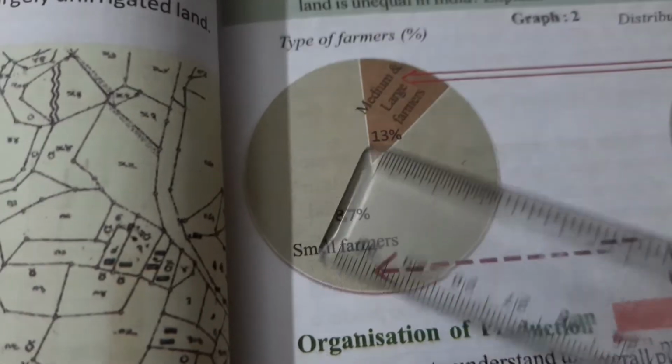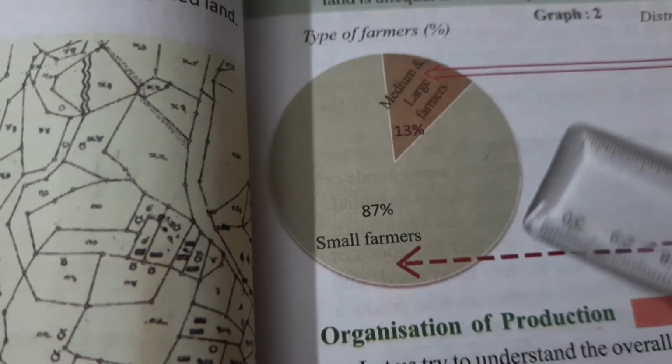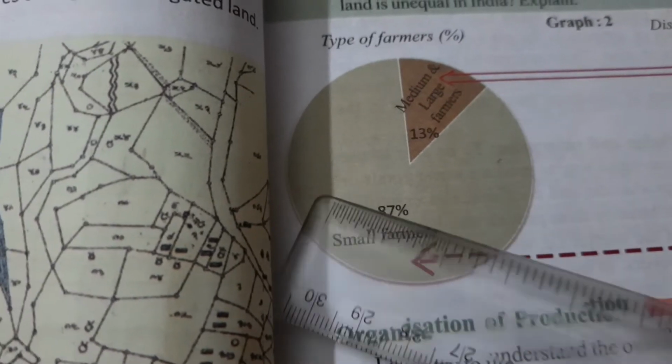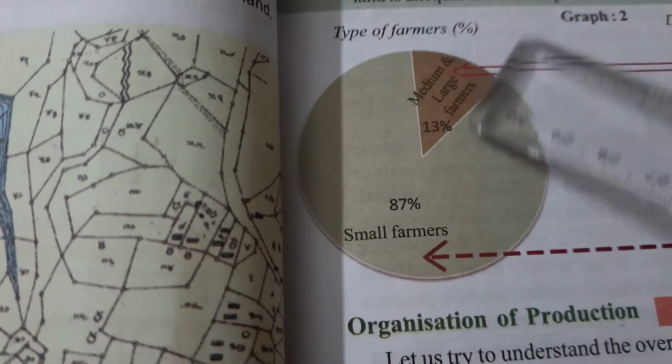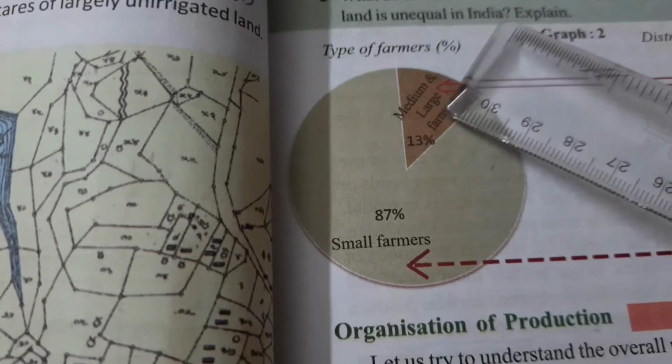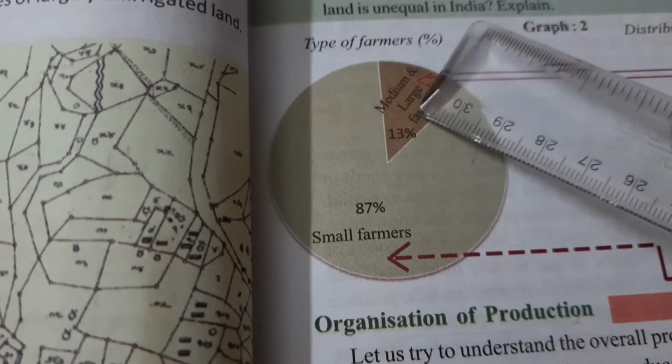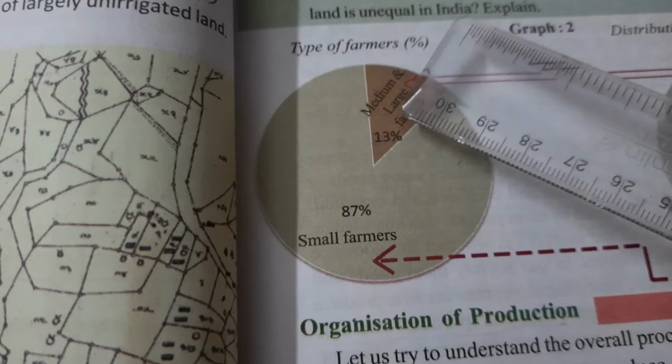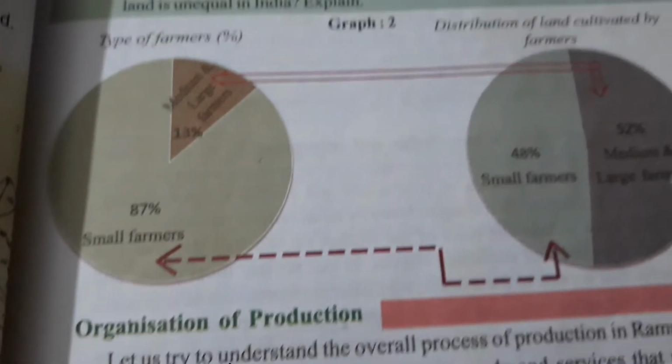Thus we can see, children, 87%. This whole area shows us very small land holding farmers, and 13%, only a few families or few big farmers, possess big plots of land.